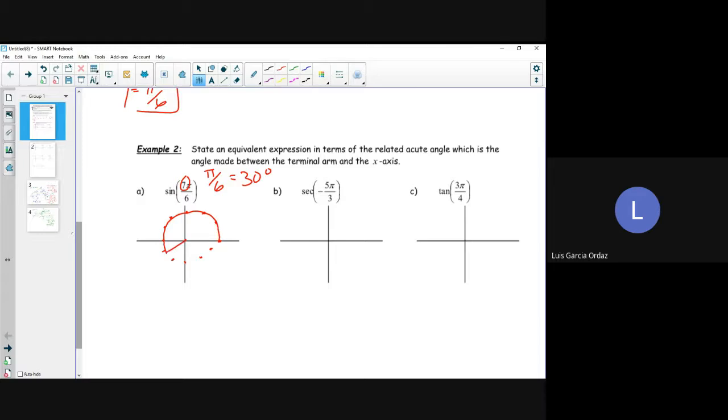So this over here is 7 pi over 6. Remember our CAST rule. C-A-S-T. In what quadrant is sine going to be positive?